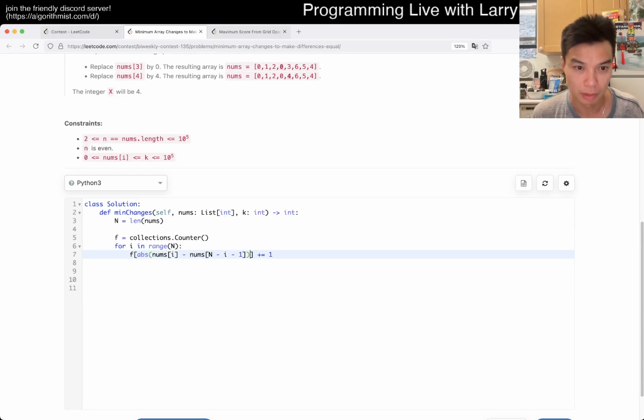So this will get doubled up by accident, so it should be even, so that's fine.